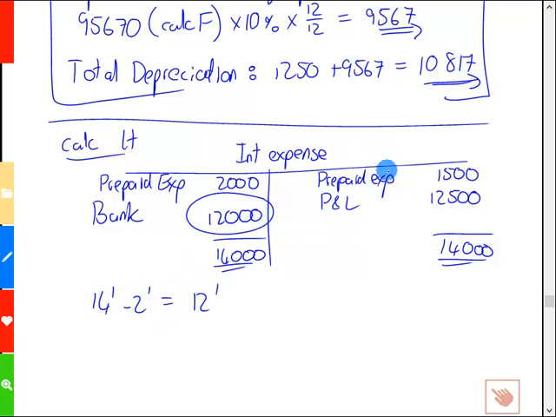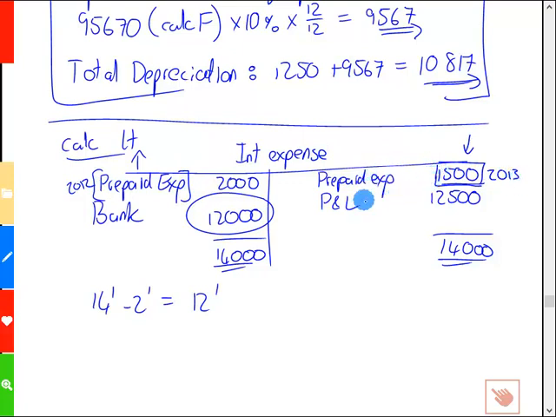Prepaid expense, remember, that's an expense that was paid in advance. It didn't actually relate to this year. That's why we had to reduce our expense with the current year's prepaid expense. Next year, first thing, this prepaid expense is going to be reversed to this account, same as what was done with this prepaid expense. This one came from 2012, this one is 2013.